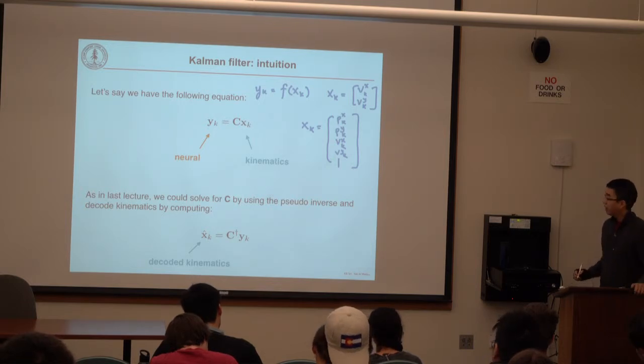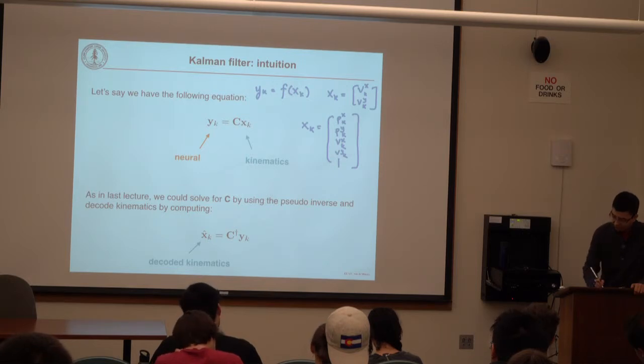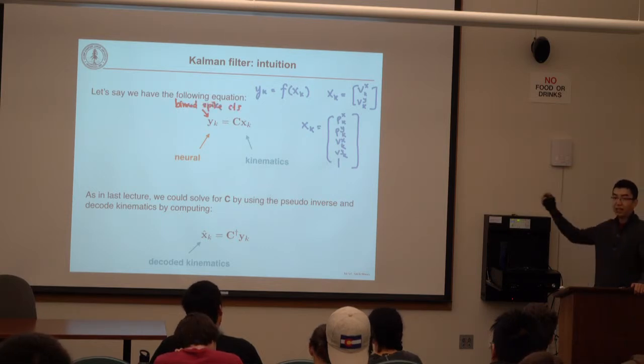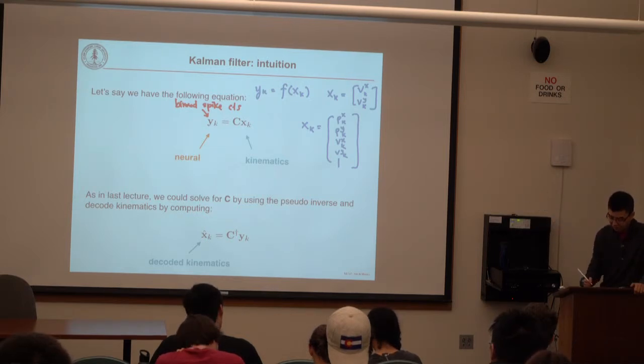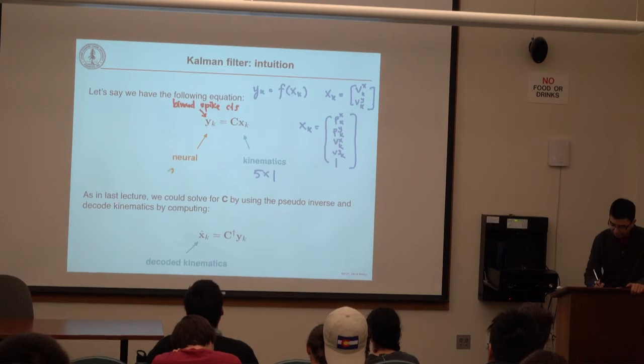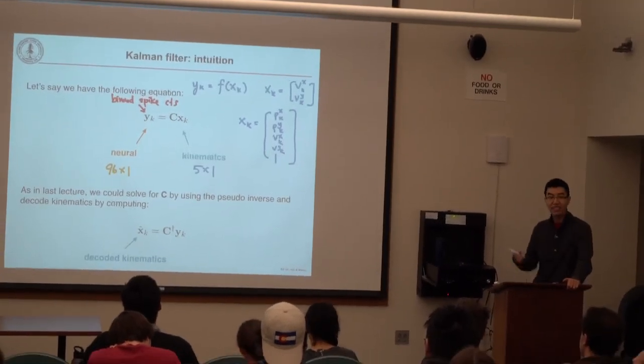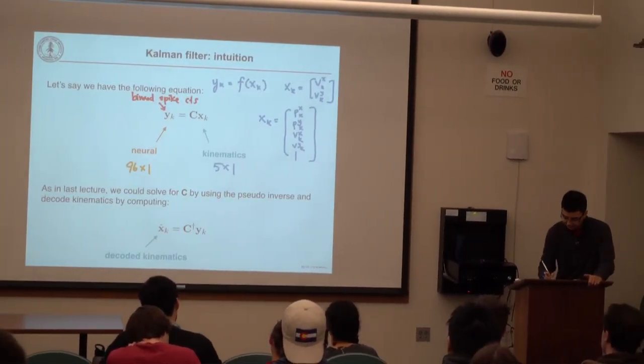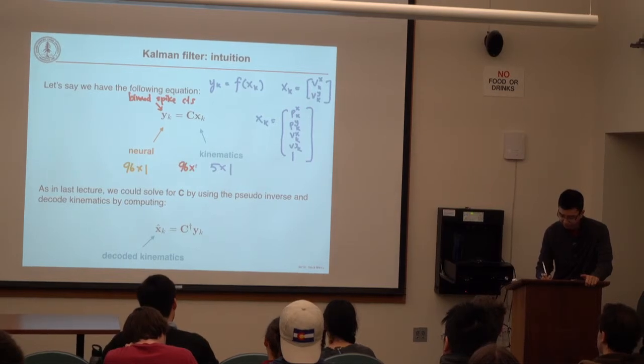And so we'll say our neural data, again exactly as in last lecture, are the binned spike counts in some window. It's just a linear mapping of the kinematics. And so if this kinematics matrix here is 5 by 1, and the neural matrix is 96 by 1, we'll have that the C matrix is 96 by 5.